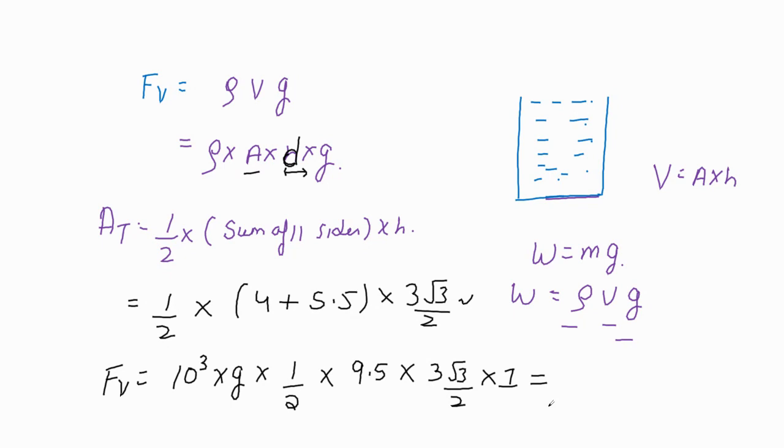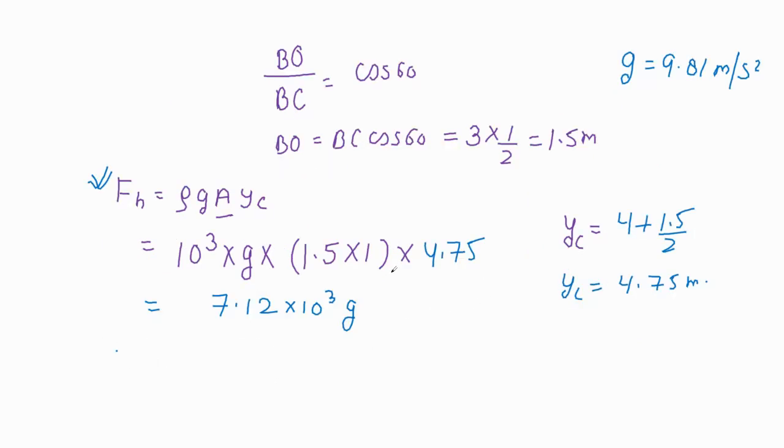It comes out to be 12.34 into 10 cube g. So this is Fv, and this is Fr, this is Fh. So I am writing Fv here: Fv is equal to 12.34 into 10 cube g.